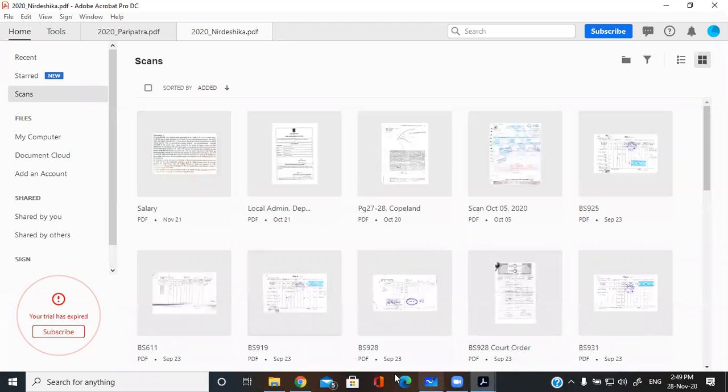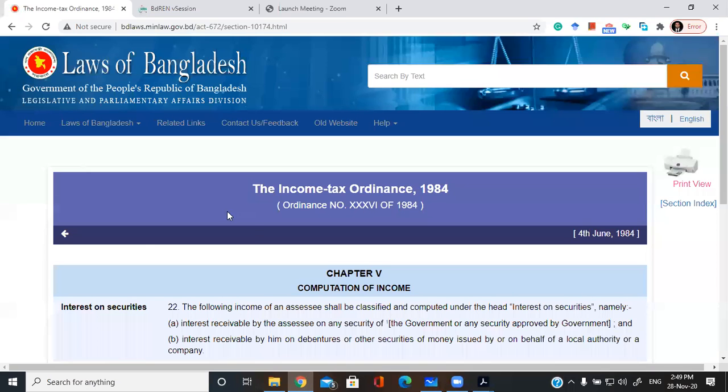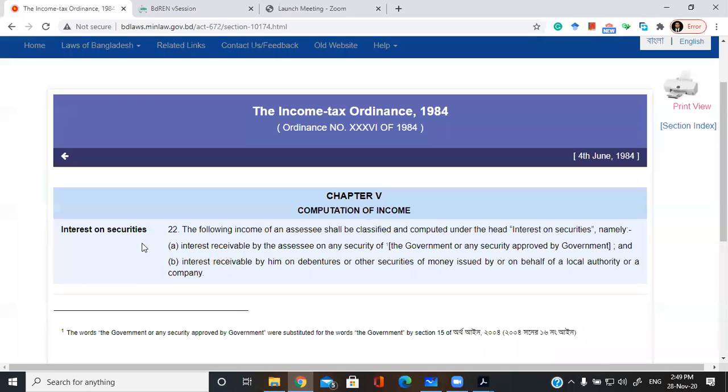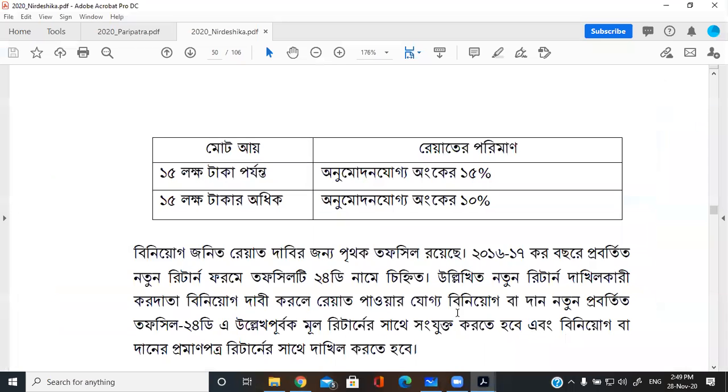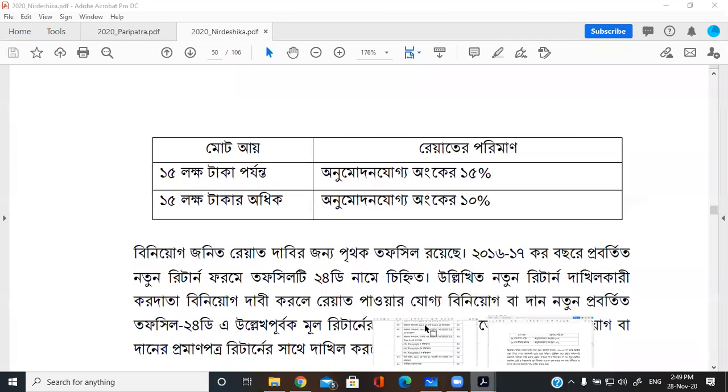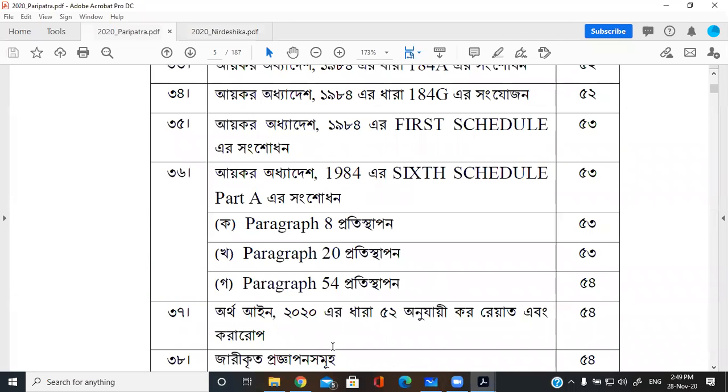So the question is, what does the income tax ordinance mean by income from interest on securities? What kind of interest income do they like to include?